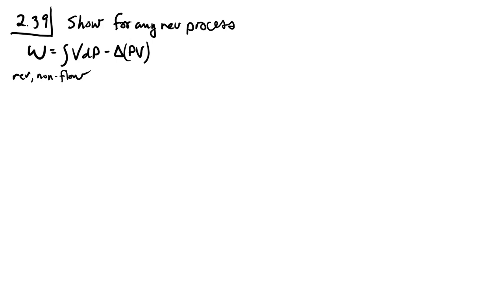So what do we do? Where can we start? We know that work for a reversible process is equal to minus the integral of PdV. And the question is, how do I get from here up to here?